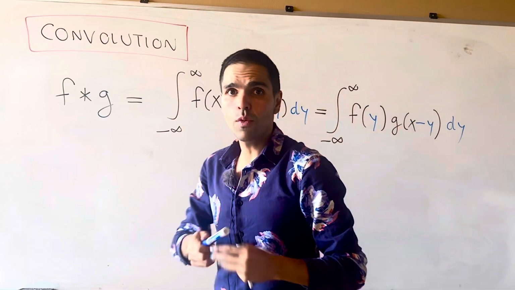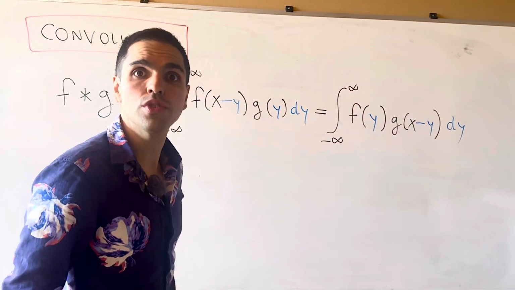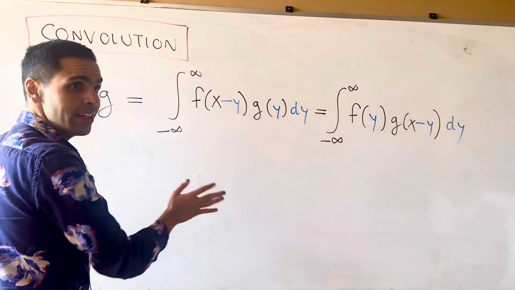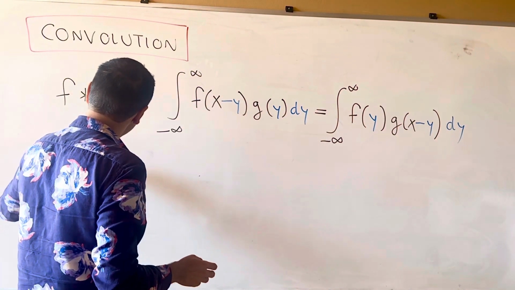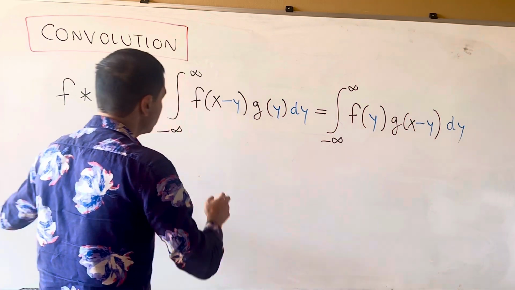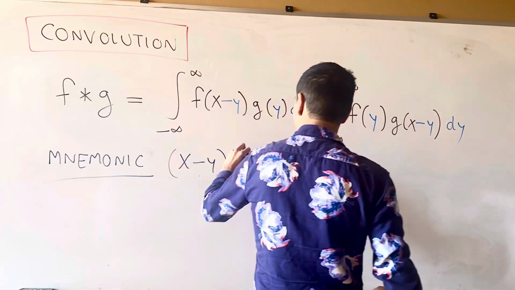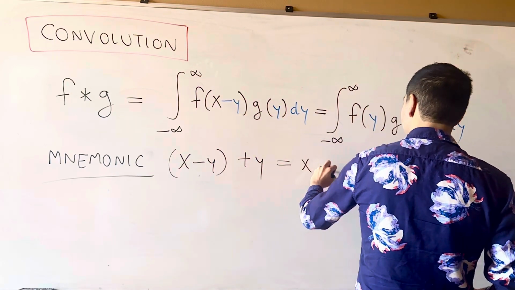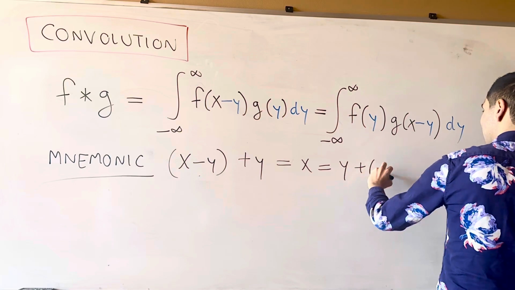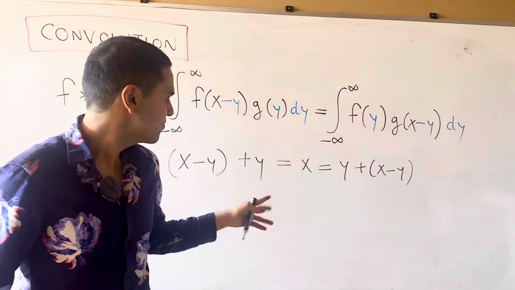So two different ways which are, once again, equivalent, and there's a nice mnemonic to figure out if you're right or not. Notice the sum of those two is always x. So x minus y plus y is x, and that's the same thing as y plus x minus y. I always get the order confused.